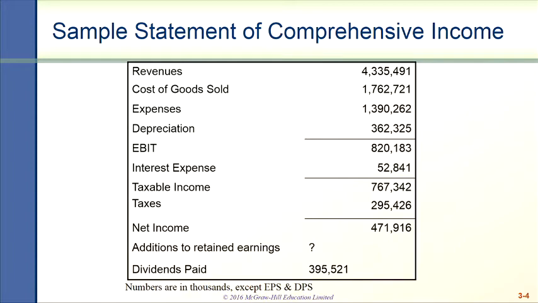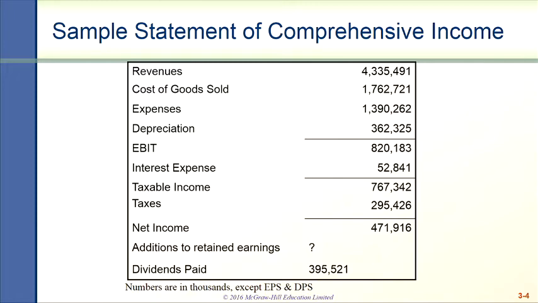We simply subtract the amount of dividend paid from the 471,916, and that would be the addition to retained earnings. And that's simple arithmetic. So in this case, the addition to retained earnings will be 76,395. That is the amount that will be added to the retained earnings from last year.